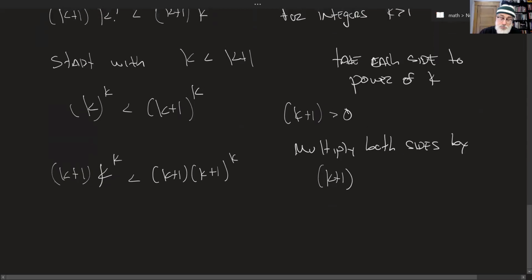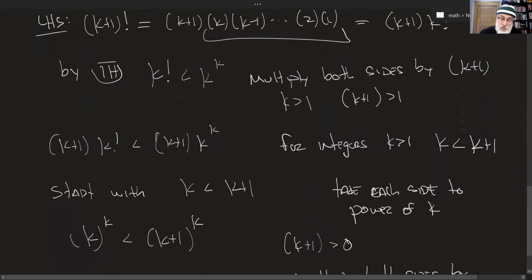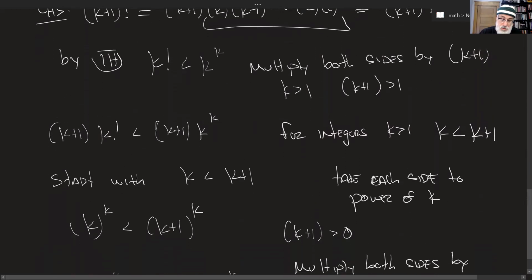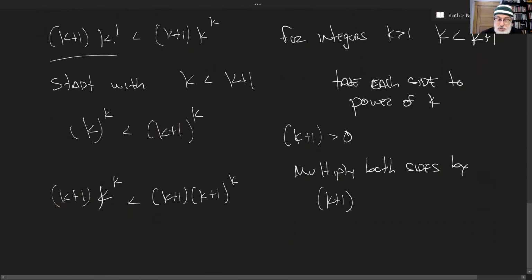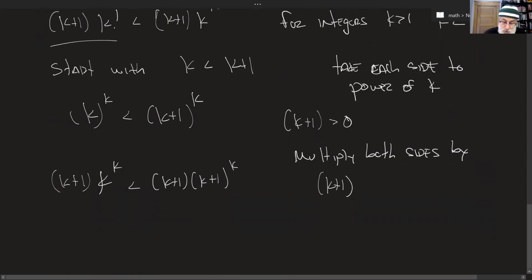Okay, so let's look at what we have. I'm going to write down the first half here. We had k plus 1 times k factorial, which we said was the same as k plus 1 factorial, is equal to k plus 1 times k factorial.